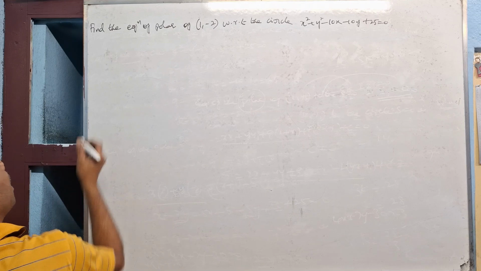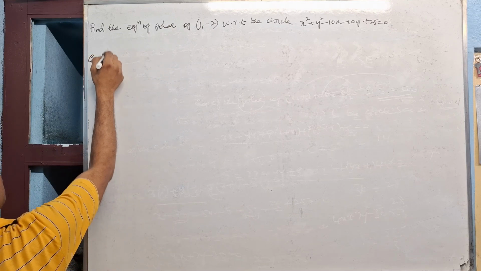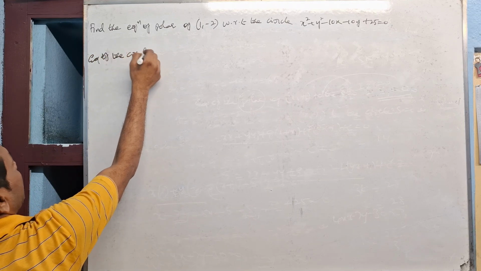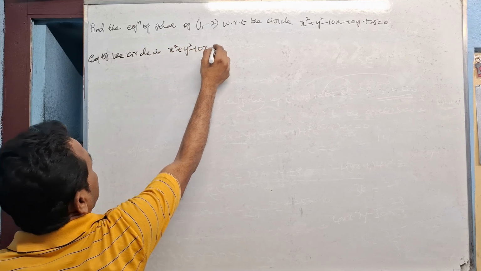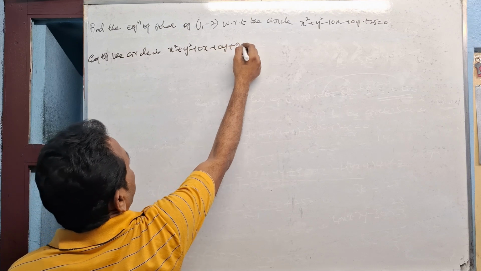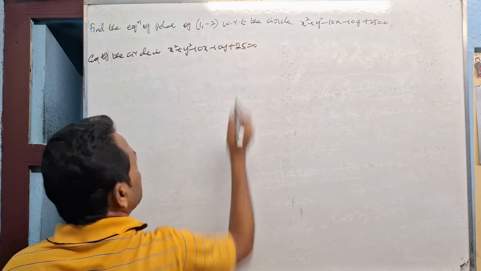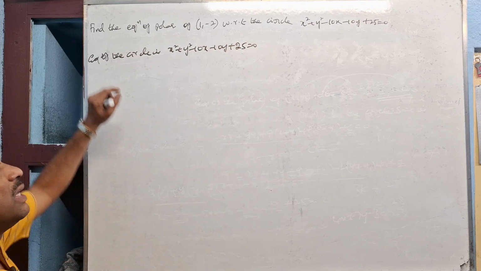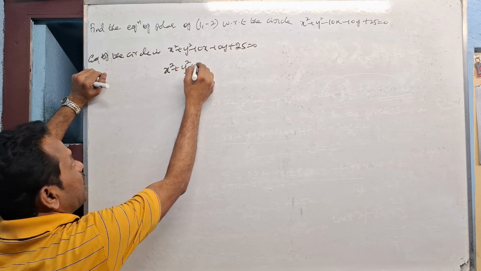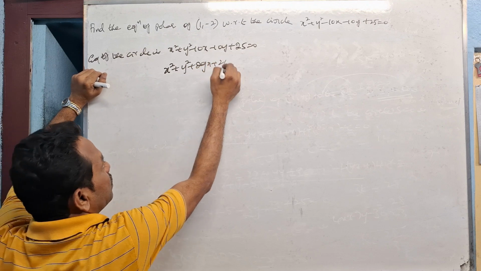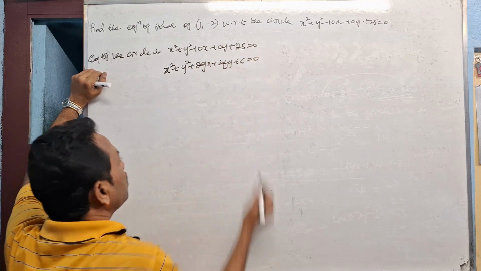First, our equation of the given circle is x square plus y square minus 10x minus 10y plus 25 equal to 0. Now, bachcho, let me compare this with the general form of the circle, x square plus y square plus 2gx plus 2fy plus c equal to 0.